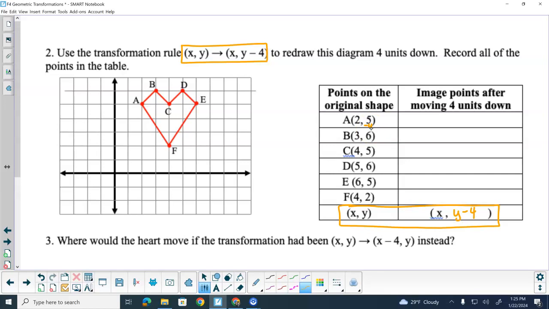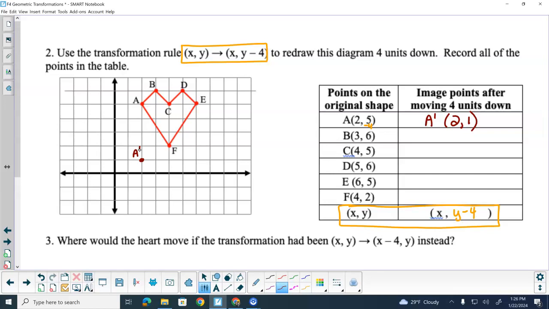So 5 minus 4 would be 1. So this A prime would be at the point 2, comma 1. And then you plot that point. 2, comma 1 would be 1 and 2. Up 1 would be right there. A prime.